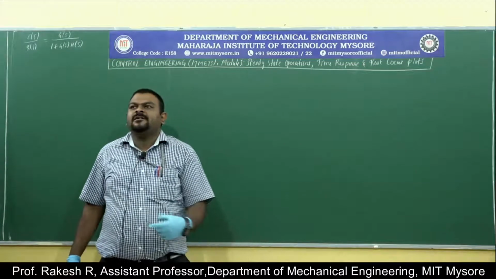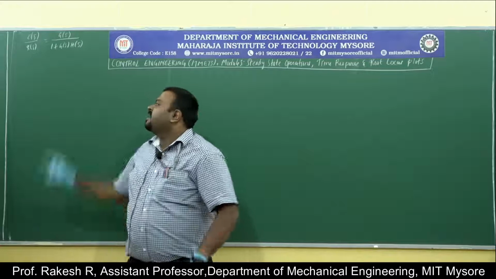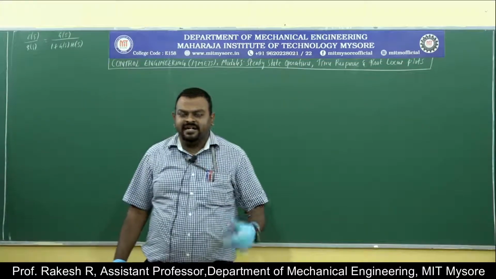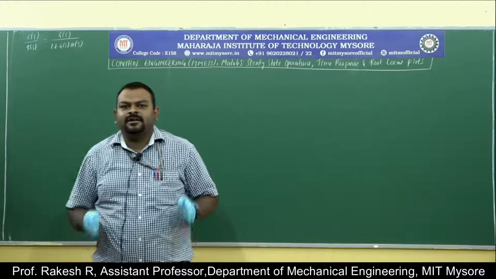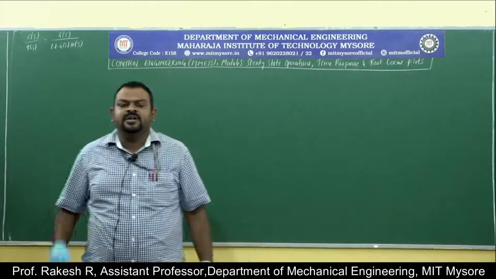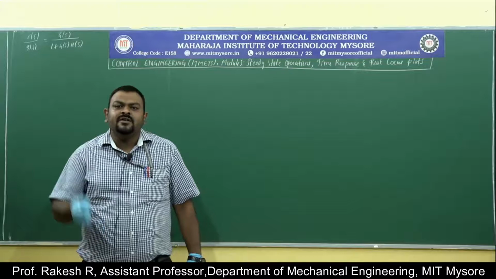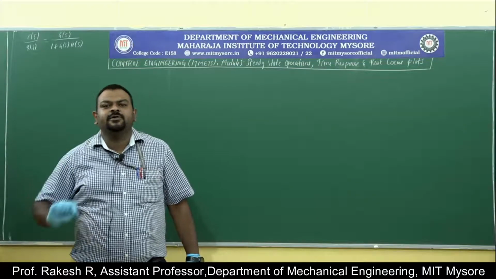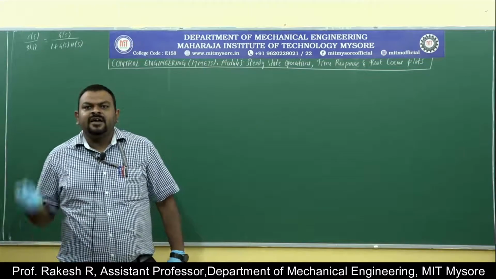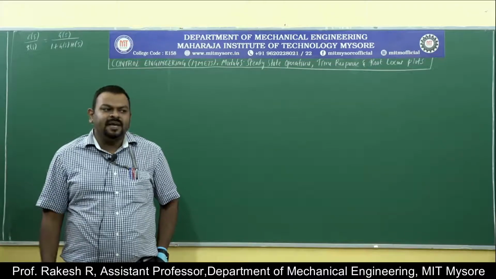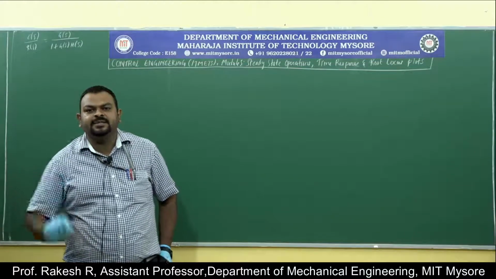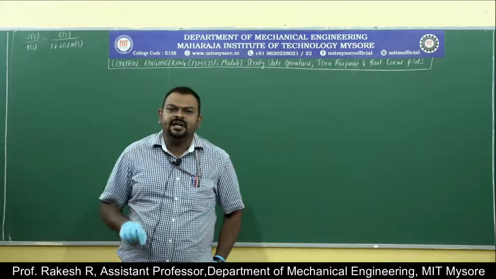Now let us start how to analyze a mathematical model in detail. From module 3 onwards, we have the analysis part. Here we are going to analyze with respect to time and with respect to frequency. If you analyze the controlled output variable with respect to time, it is time response analysis.